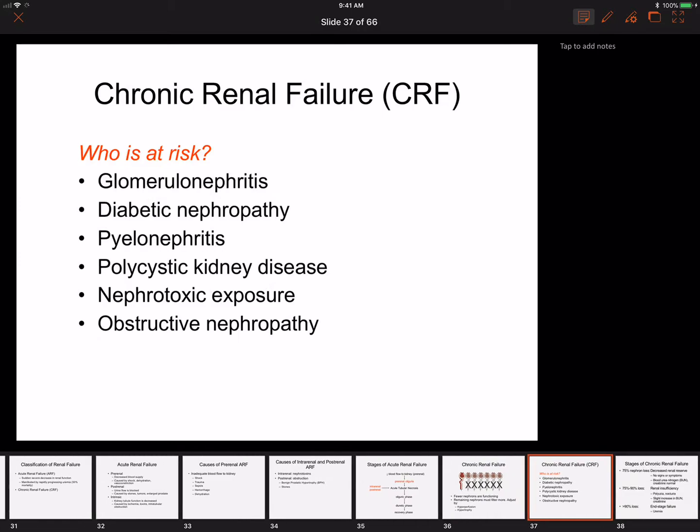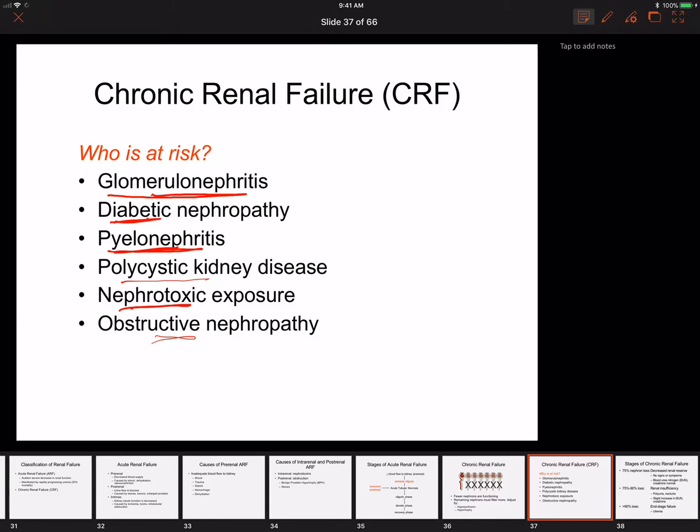So who's at risk of chronic renal failure? People who have glomerulonephritis, because it's mostly a chronic problem. People with diabetes, again, it's a chronic problem. Recurrent kidney infections and scarring, polycystic kidney disease, toxic or chemical, nephrotoxic chemical exposure, and obstruction within the urinary tract.